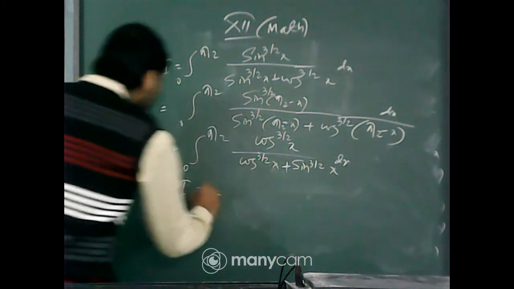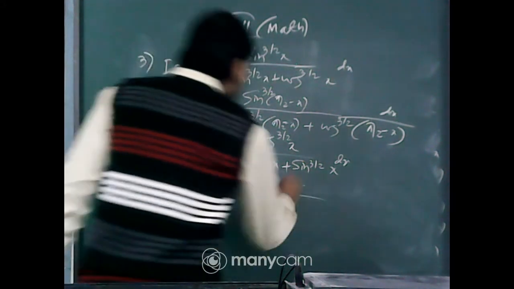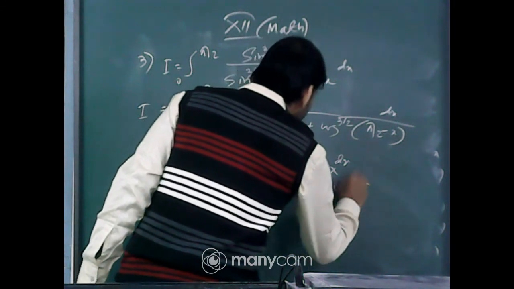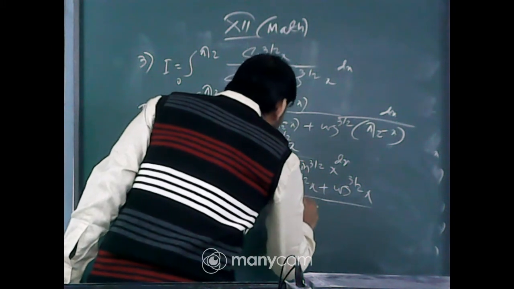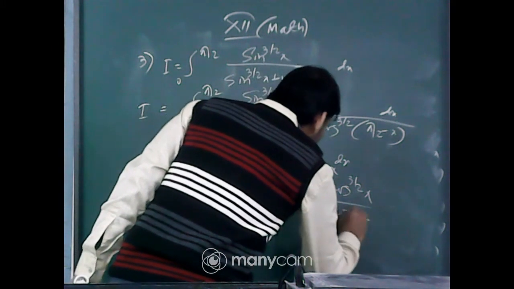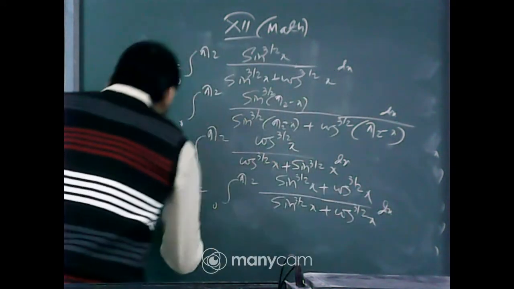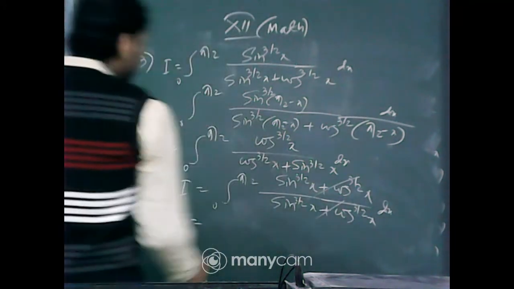So 2I equals 0 to pi by 2, in the numerator sin to the power 3 by 2 x plus cos to the power 3 by 2 x by sin to the power 3 by 2 x plus cos to the power 3 by 2 x dx. So it will simply cancel out. So integration of dx means x.